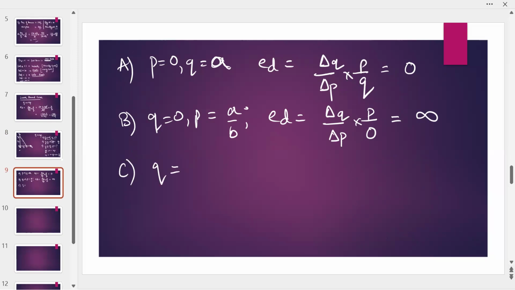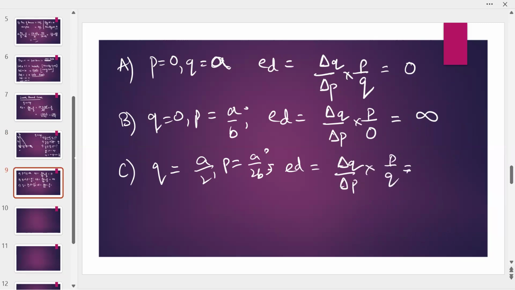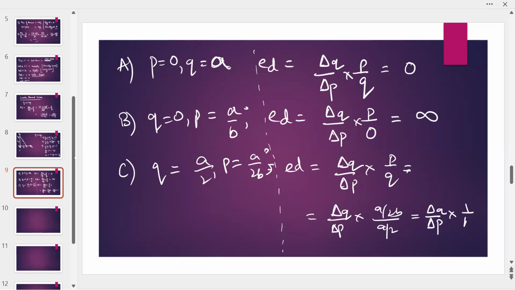Next, we will see scenario C, where Q is A by 2. Then in that case, P is A by 2B. In that case, ED is del Q by del P into P on Q. P is A by 2B upon A by 2, so it is equal to del Q upon del P into 1 by B, correct?